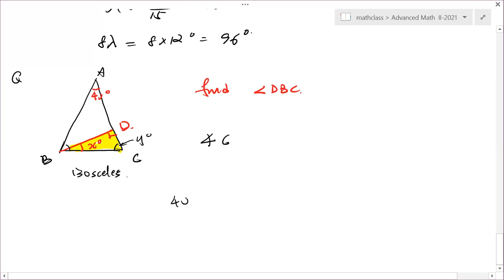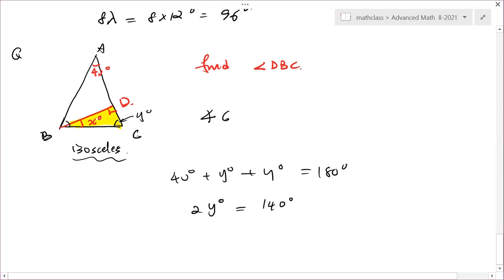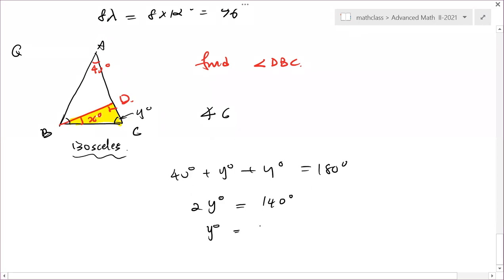That means 40 degrees plus y degrees plus y degrees equals 180 degrees, because it is an isosceles triangle. So 2y degrees is going to be 180 minus 40, which is 140 degrees. Then you divide by 2, so it's 70 degrees. So y is 70 degrees.